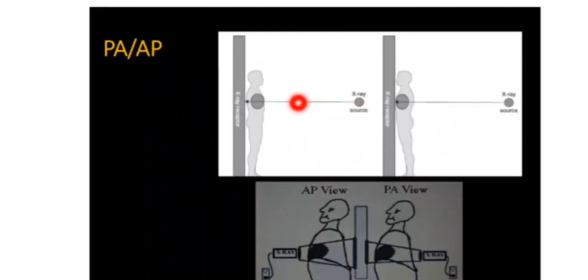While in an AP X-ray, the source is closer to the heart, so there will be a magnification of the heart.